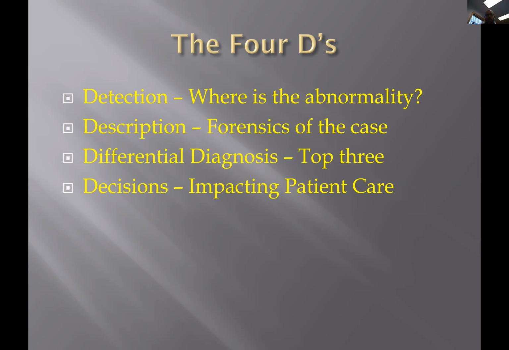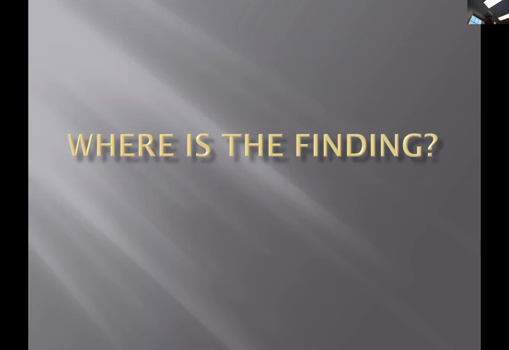And then we'll move on to figure out why it looks strange with the forensics in the description, and then we'll try to figure out what it is. And of course, very importantly, is the decisions. How does this impact our patient care on Monday morning when we go back to work and we look at these pictures? So we'll talk about some of the implications of even making these diagnoses as we go. All right, so let's get started.